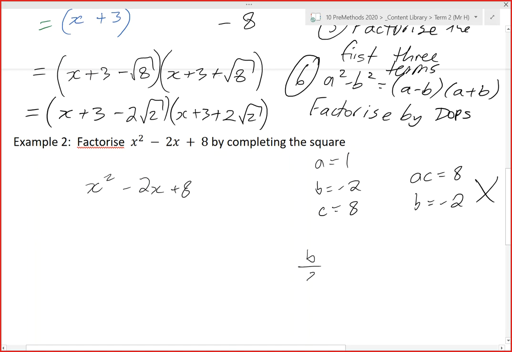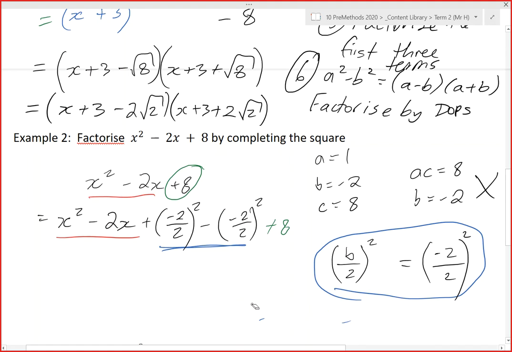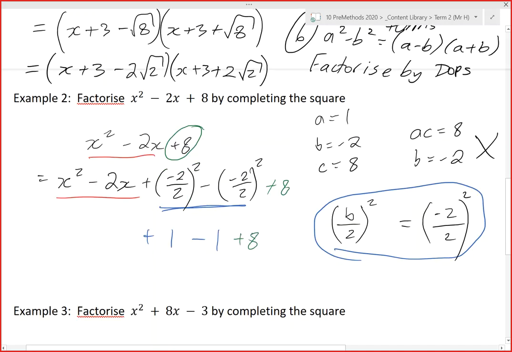So b over 2 squared. That's what we're looking for. So b over 2 squared, negative 2 over 2 squared. Okay? You write that number at the end. So this becomes 1 minus 1. Remember the 8 stays the same.